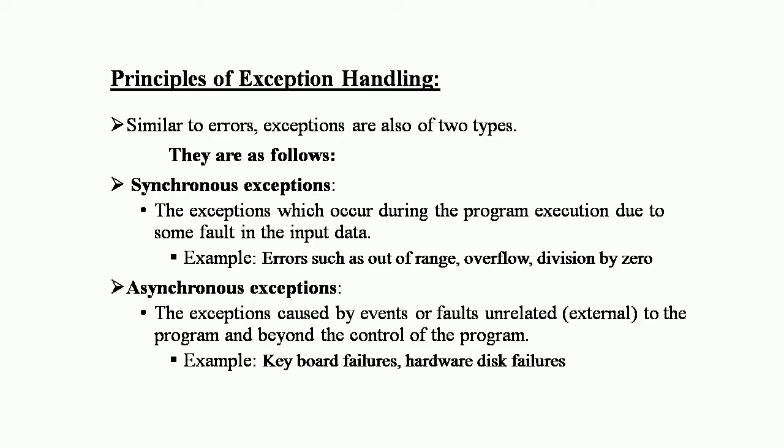Throw is used to throw an exception, and is also used to list the exceptions that a function throws but does not handle itself. Clear? That does not handle itself.